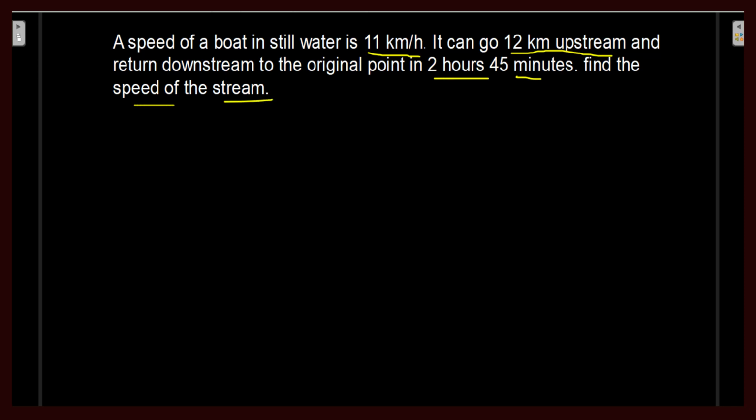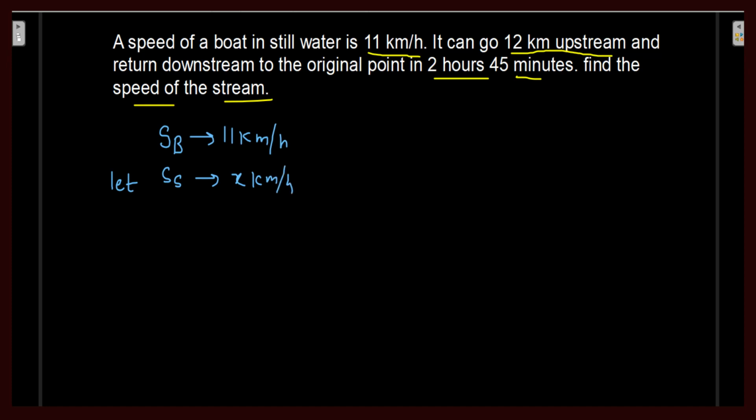Now friends, here the speed of the boat in still water is given as 11 km per hour. So we will first assume that the speed of the stream is x km per hour.